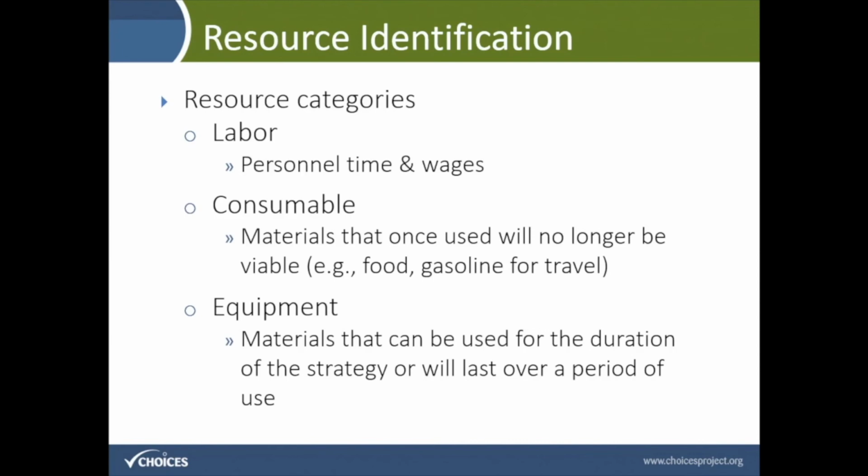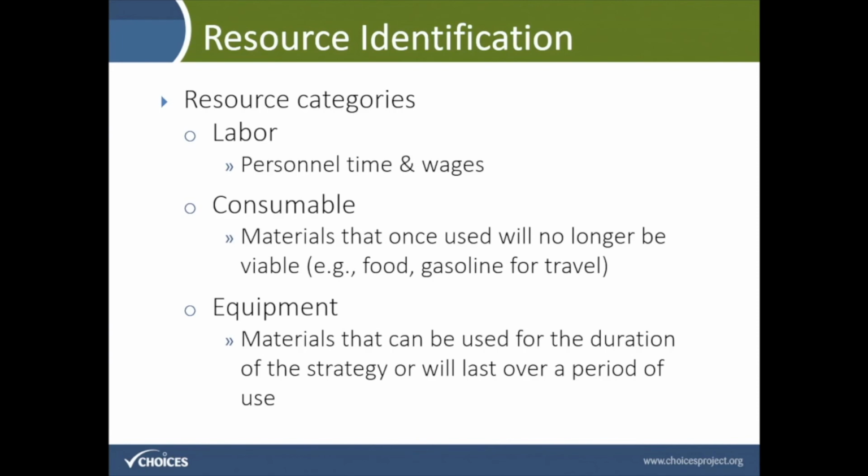Labor would include all paid as well as unpaid time that is contributed by workers or volunteers. Consumable items are materials that get used up, like food, and equipment pertains to things that are more durable, and they last over a relatively long period of time.